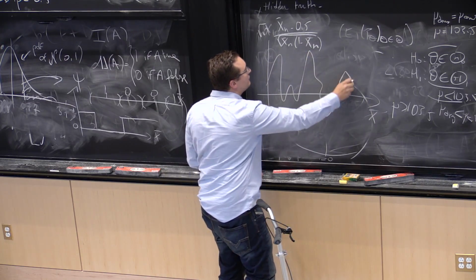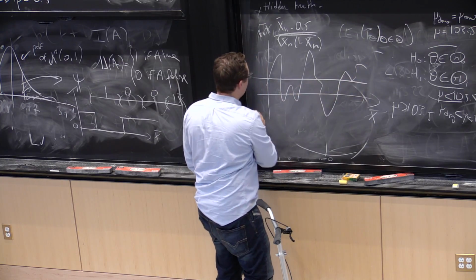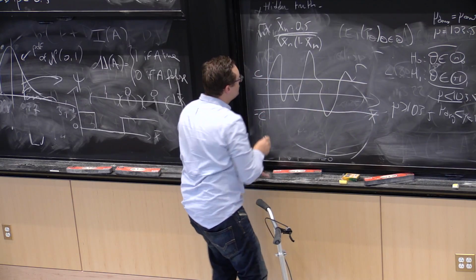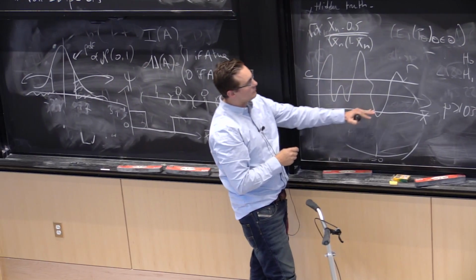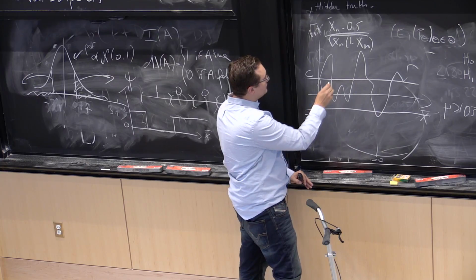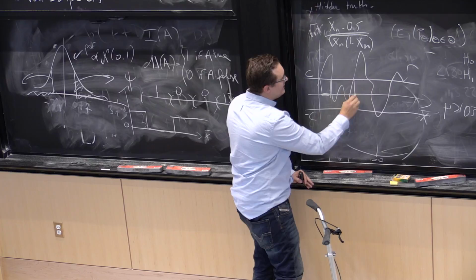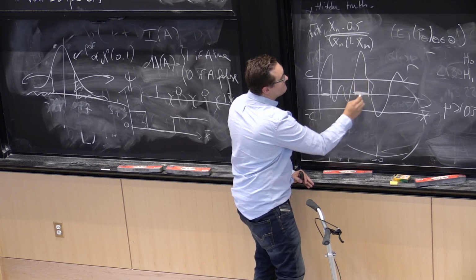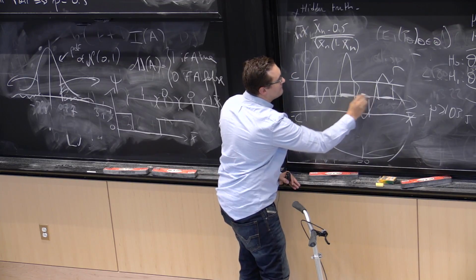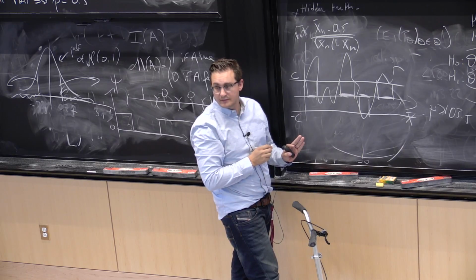So it's some crazy stuff like this. And all I'm asking is whether, in absolute value, it's larger than c, which means: is this function larger than c or less than minus c? So the intervals on which I'm going to say 1 are this guy, this guy, this guy, and this guy. And everywhere else I'm saying 0. Everybody agrees with this? This is what I'm doing.